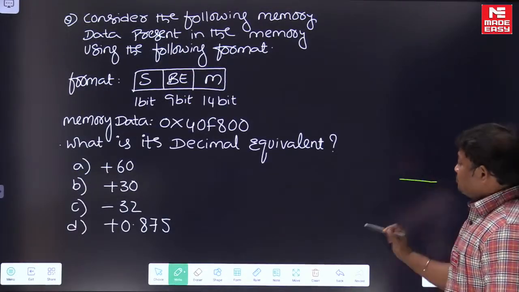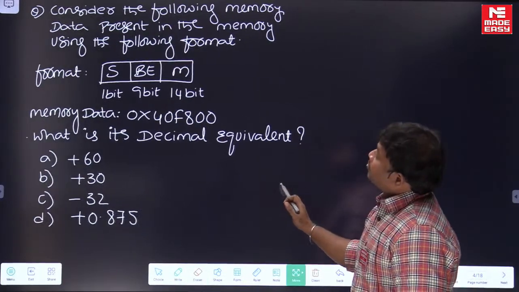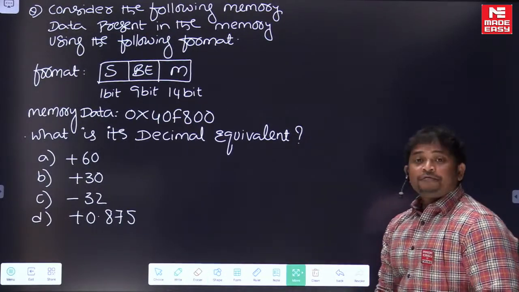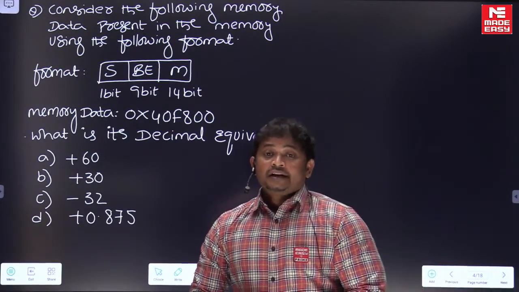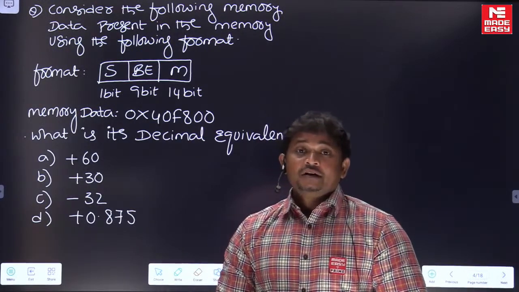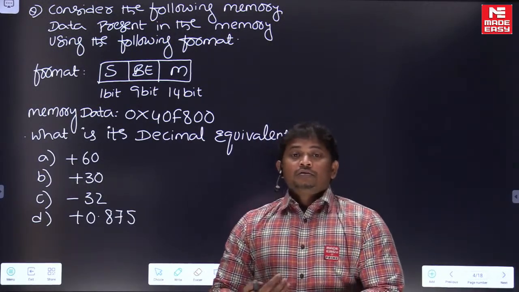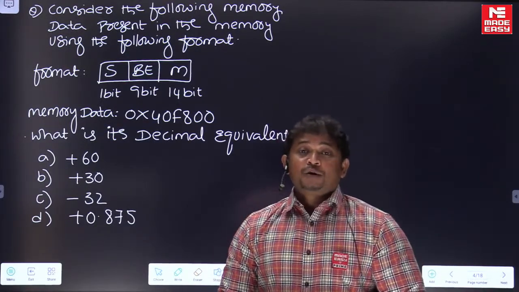See this question. All of you see the question which is on the screen. Try to solve the question. Because in the data representation topic, there are two formats available, fixed point format and floating point format.